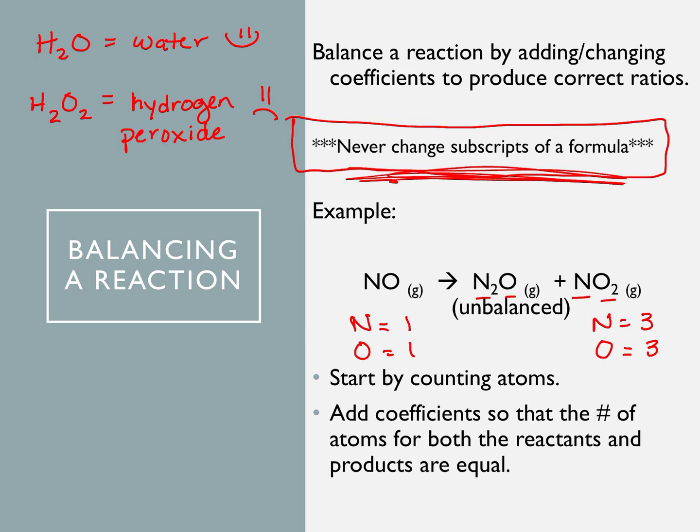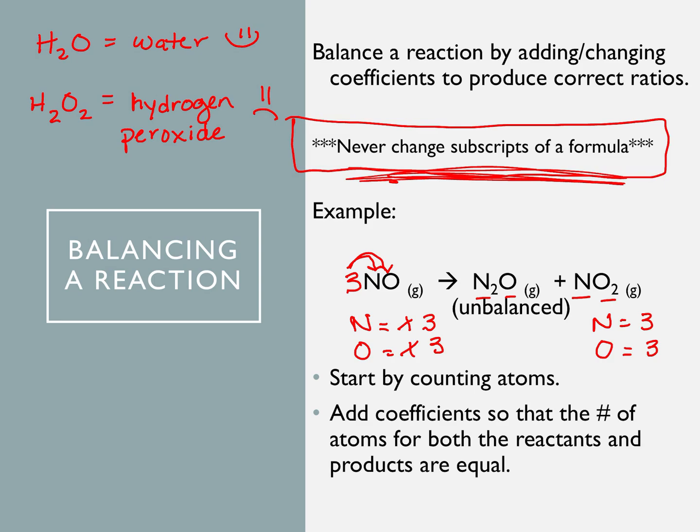We're going to add coefficients so that we make these equal, because right now it's unbalanced. But if we toss a 3 out front here, now I have 3 nitrogens and I have 3 oxygens. And so by doing that, now I have balanced my chemical equation. I have 3 nitrogens on each side and I have 3 oxygens on each side.